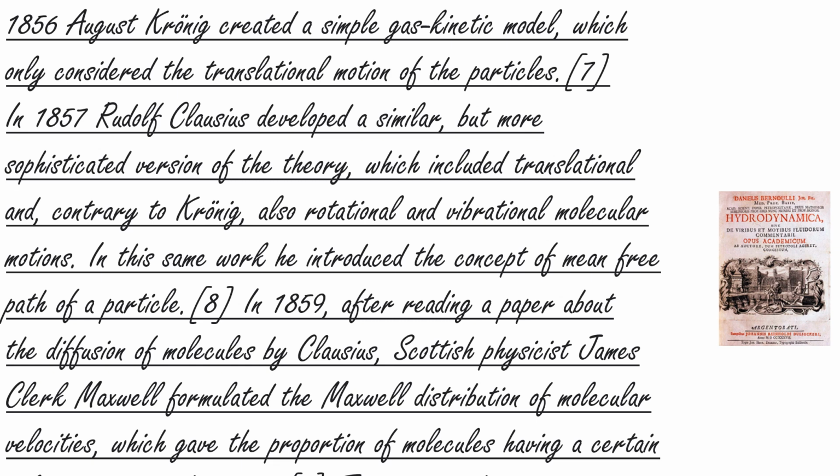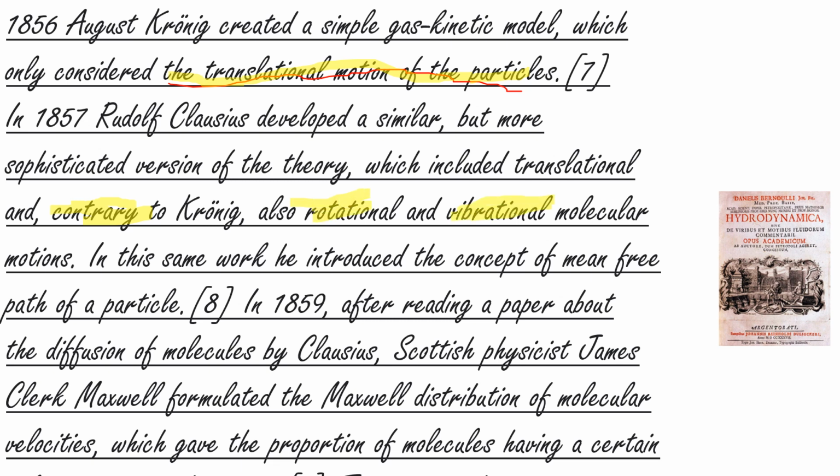One of the theories given by one of the scientists that is also part of the kinetic molecular theory is the translational motion of particles, as well as the rotational motion of the particles and the vibrational motion of the particles.